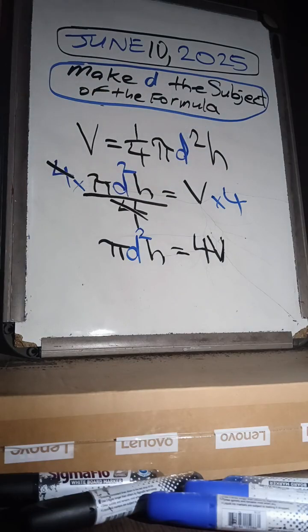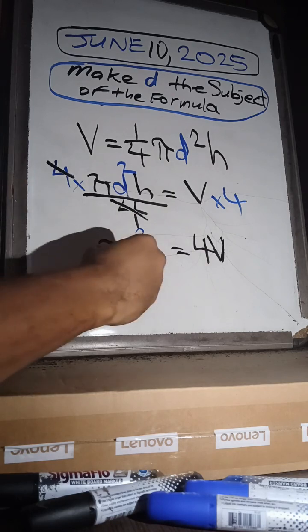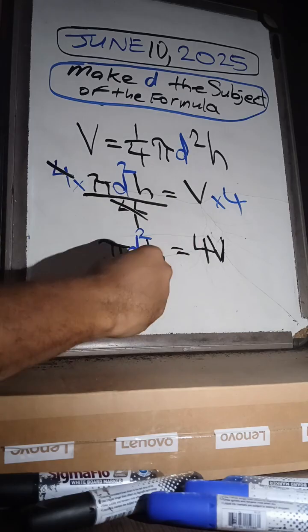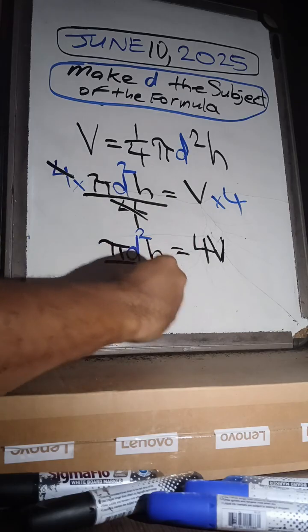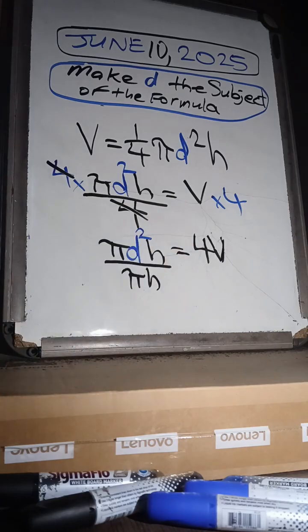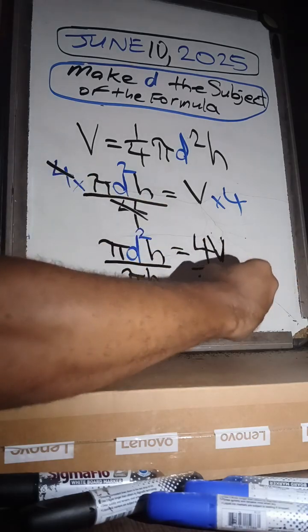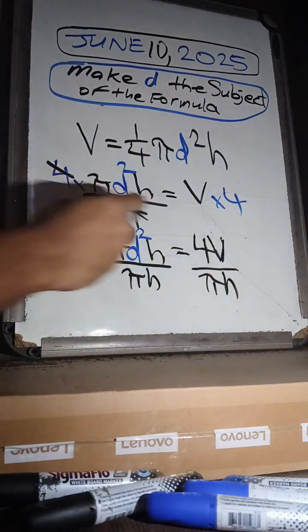Alright, so now we're going to divide. In other words, this is already upstairs, so we'll have to put something downstairs. Get rid of what is in black. So what we do to the left, we do to the right.